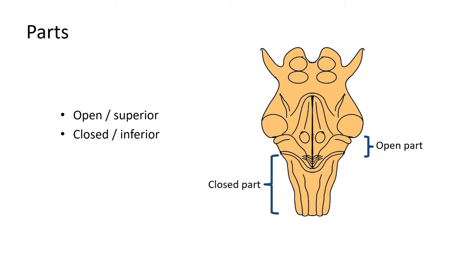Part of medulla where this cavity is open and forms part of the fourth ventricle is called the open or superior part, and part of the medulla which has a closed cavity which is continuous downwards with the central canal of spinal cord is called the closed part.